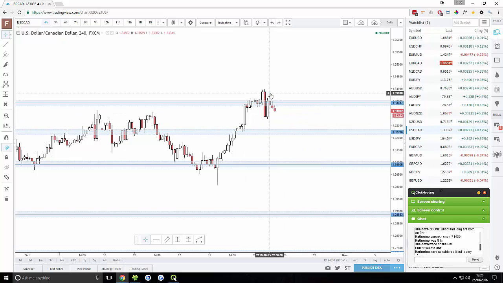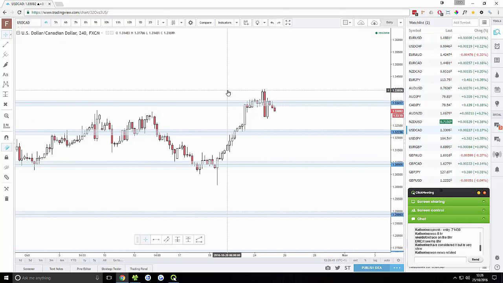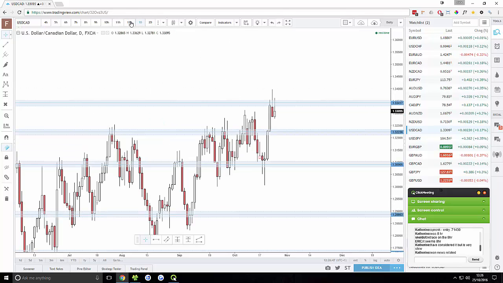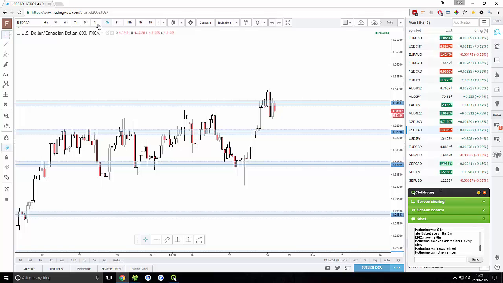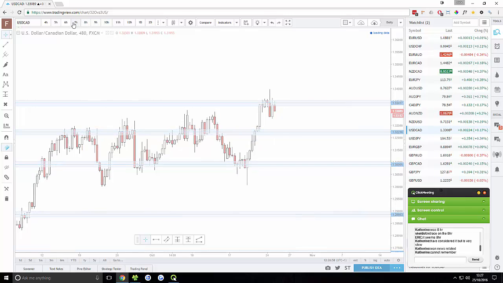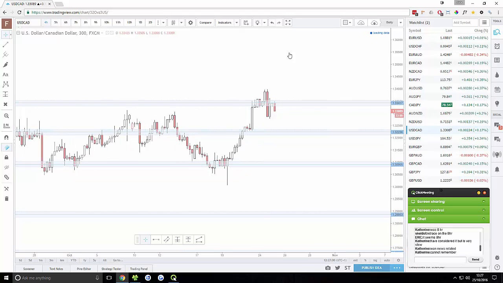Bam, down and up to the resistance area, and then starts heading down again. What news was it? All right, fair enough. Well, yeah, there's nothing really much to trade here.